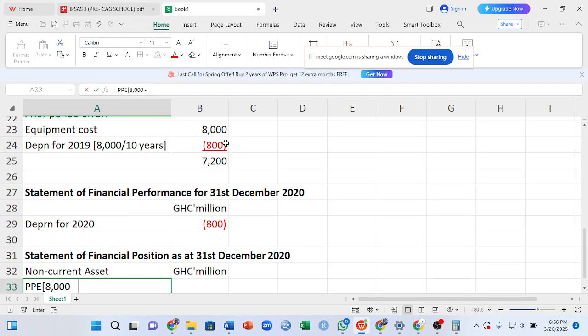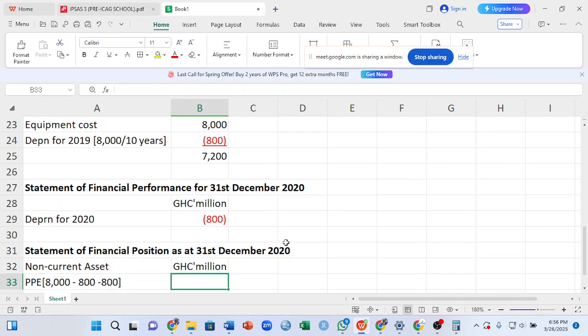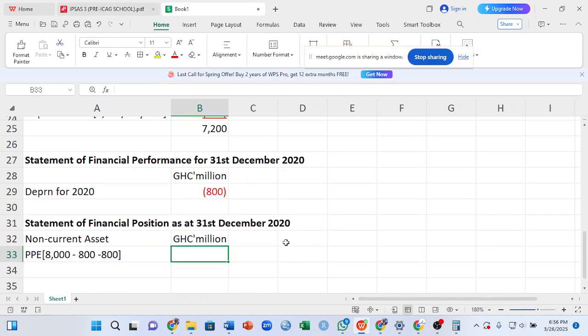So the first year, which we didn't count, was 800. And we subtract here two, we are in 2020. So the 2020 depreciation is also 800 to give us the current amount for 2020. What will be the current amount? 6,400. 6,400. Okay, thank you. So we are done with question two.